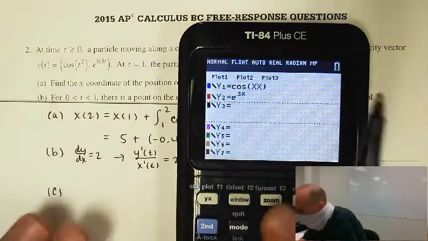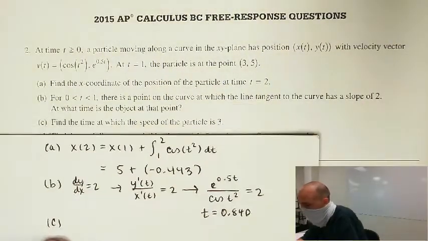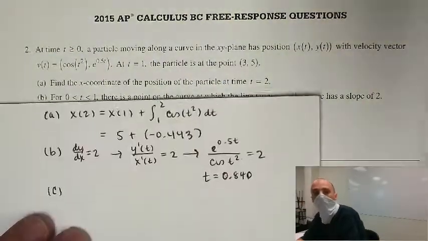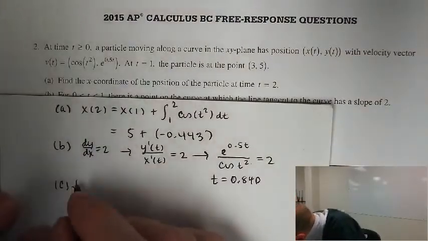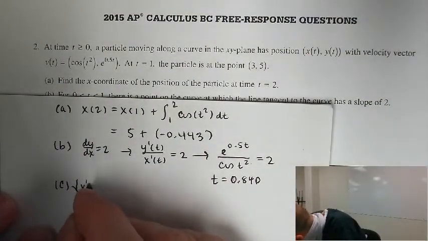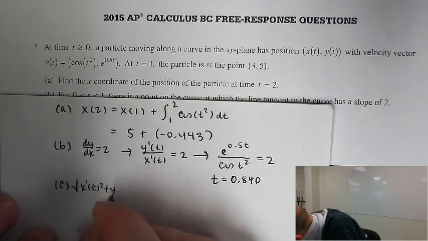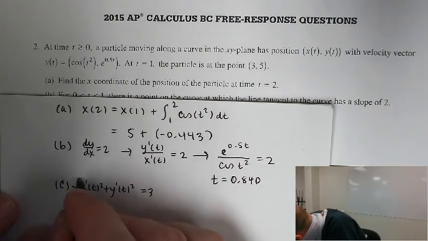Okay. For part C, we want to find out when the speed is equal to 3. Speed is the square root of x prime of t squared plus y prime of t squared, and that equals 3.